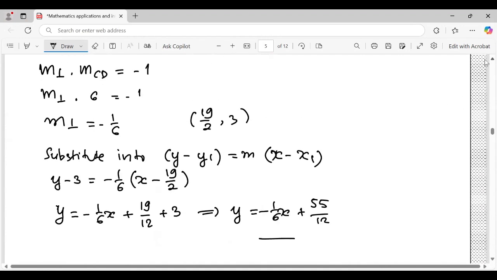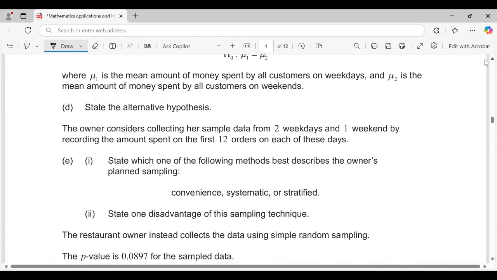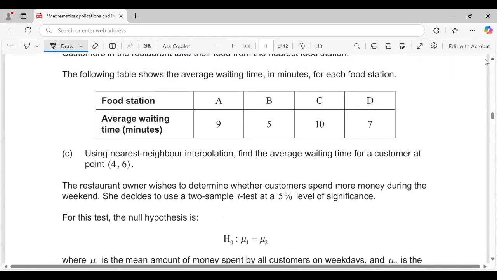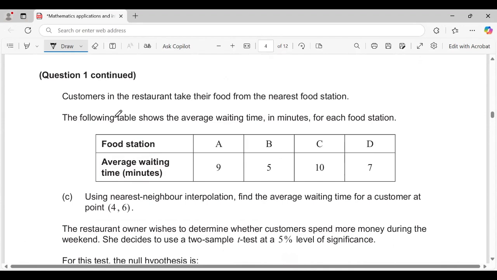Question C. Customers in the restaurant take their food from the nearest food station. The following table shows the average waiting time in minutes for each food station. This is the table. Using nearest neighbor interpolation, find the average waiting time for a customer at point (4, 6).